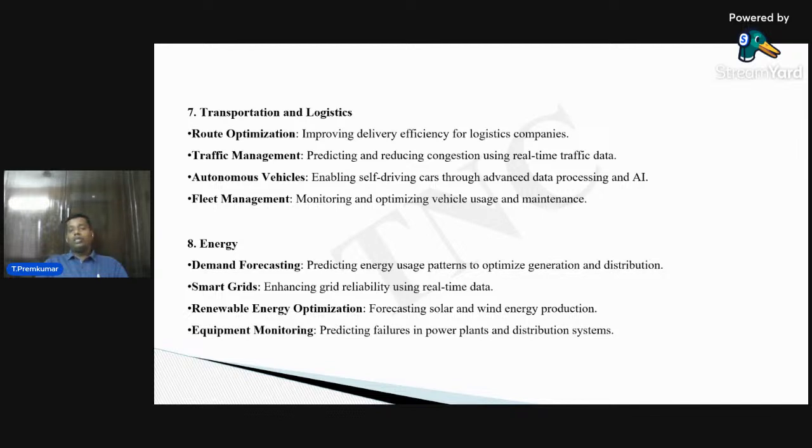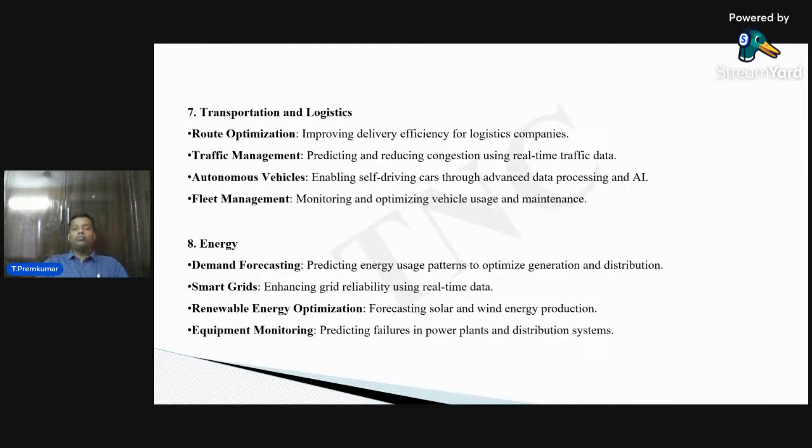So we can reduce congestion using real-time traffic data by managing the traffic. And in the case of autonomous vehicles, here we use advanced data processing methods and AI concepts for self-driving cars, by using data science.